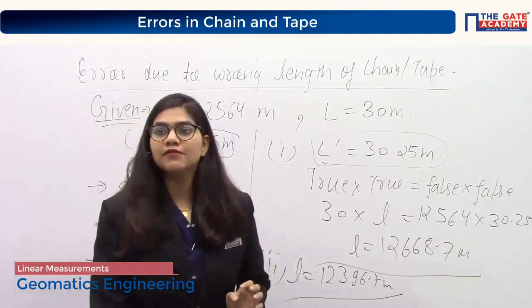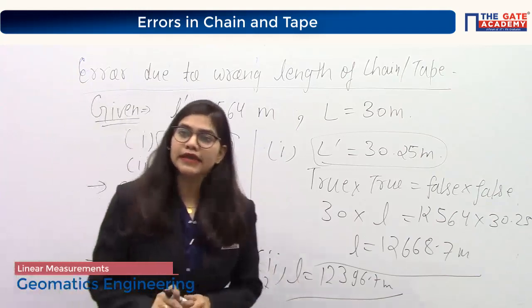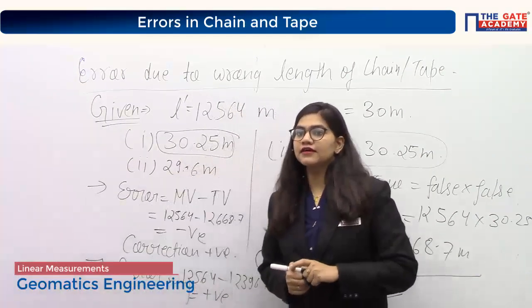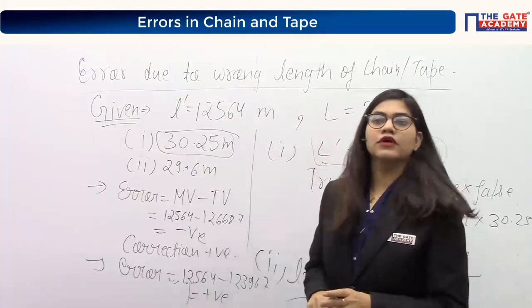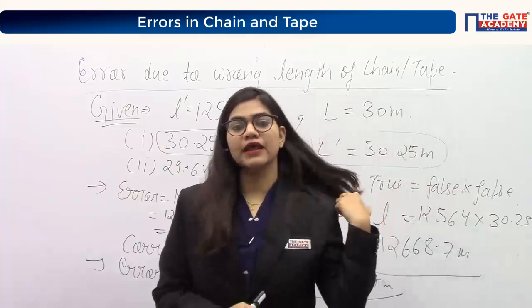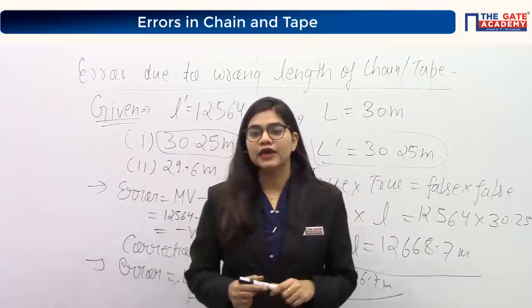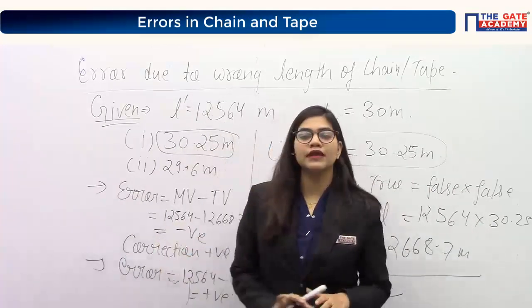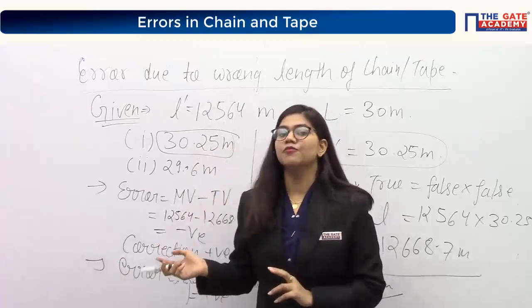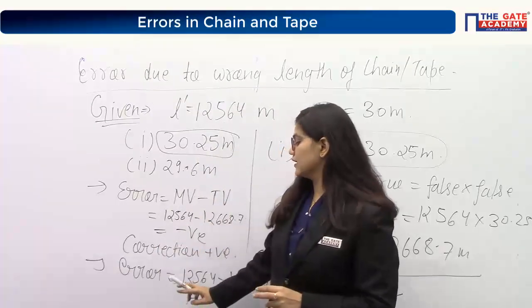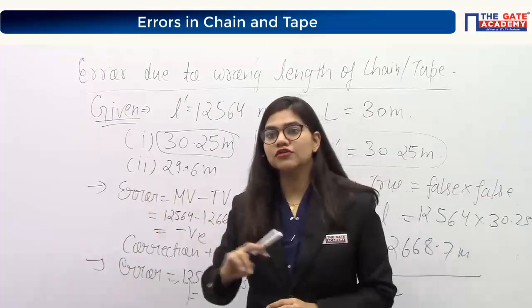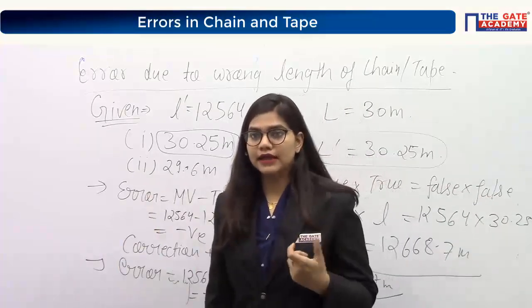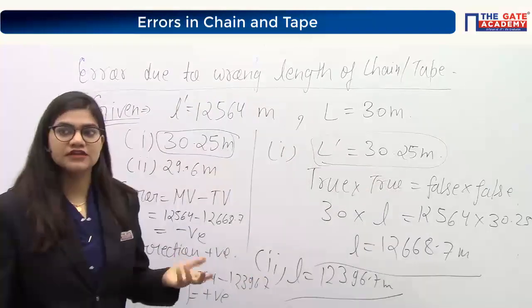So correction will be negative. Okay, is it clear? So the nature of error and correction is different. If the error is coming out to be negative, the correction will be positive. If the error is coming out to be positive, then correction will be negative. Clear? Positive, negative? It totally depends upon the value.